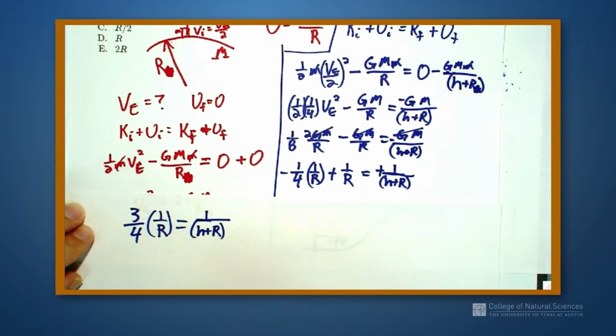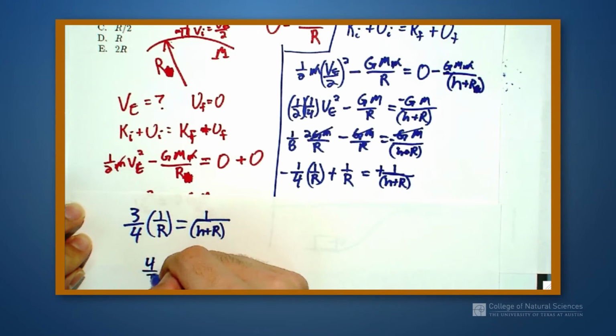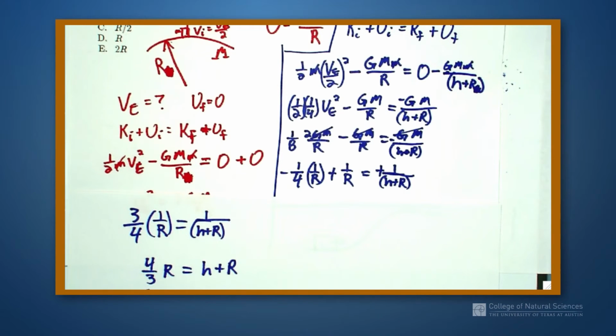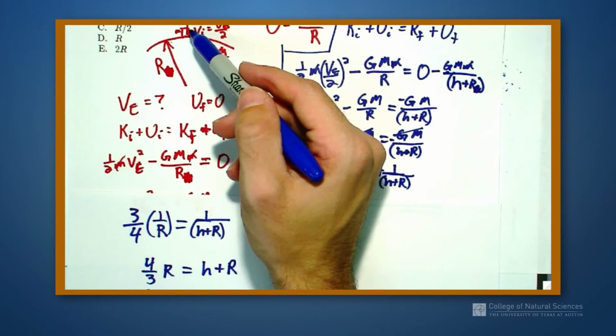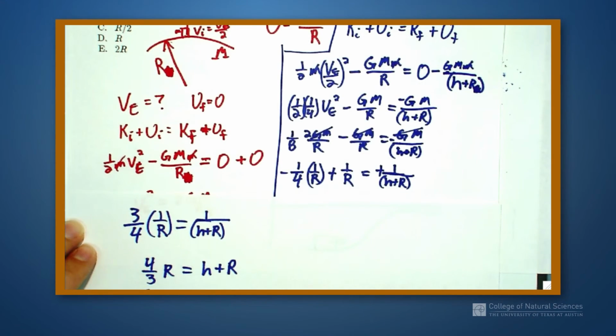At this point, I'm going to flip my equation by inverting it. So I get 4/3 R is equal to H plus R, 4/3 minus 1 times R is equal to H, and this gives me that H is equal to 1/3 times R. So if I'm at half my escape velocity, I'm going to go 1/3 the radius of the Earth higher than where I started.